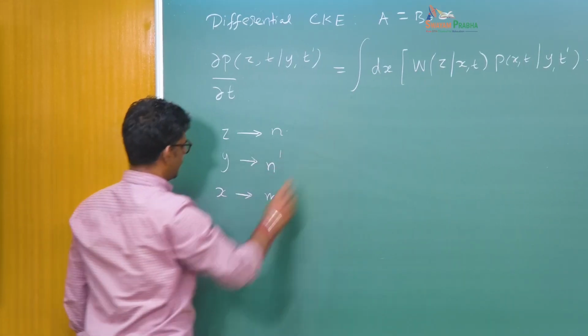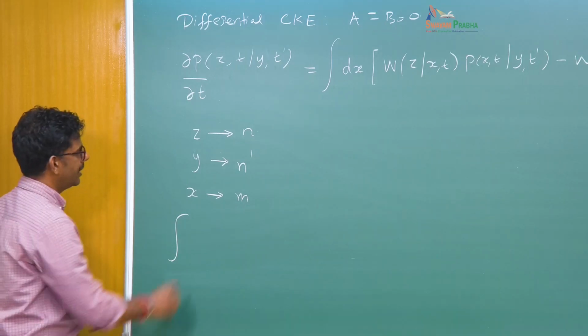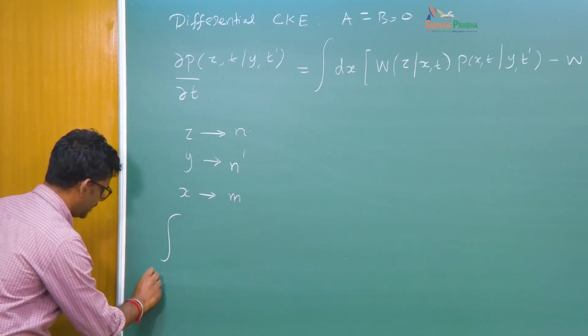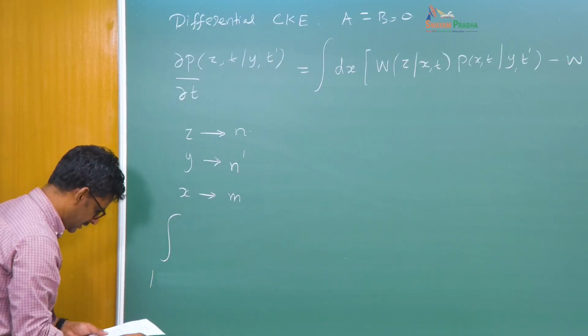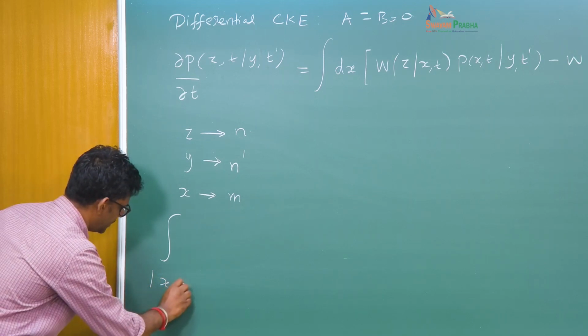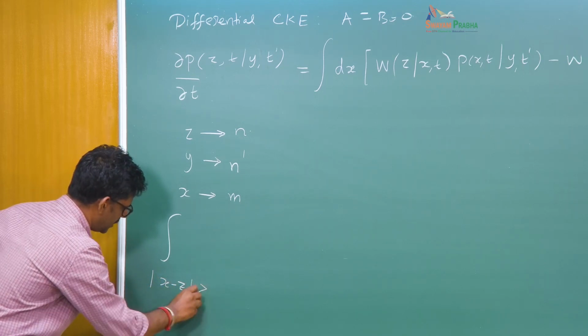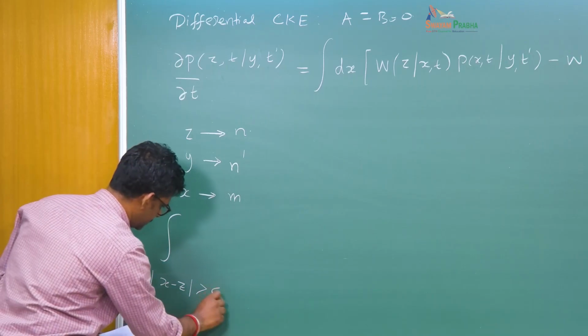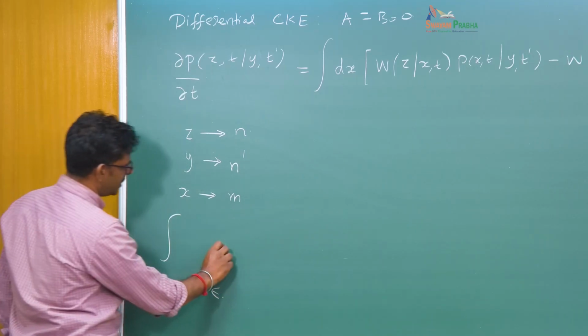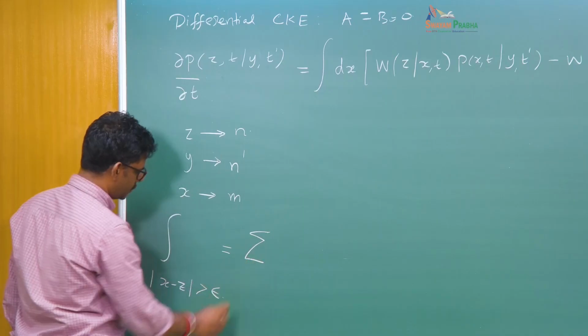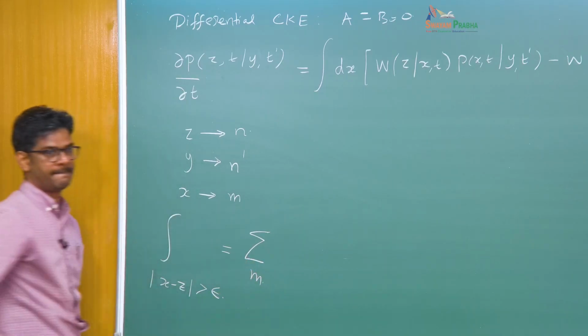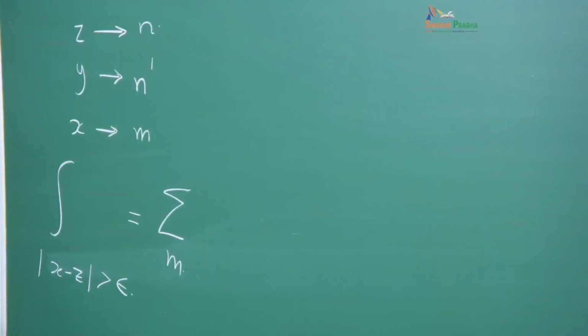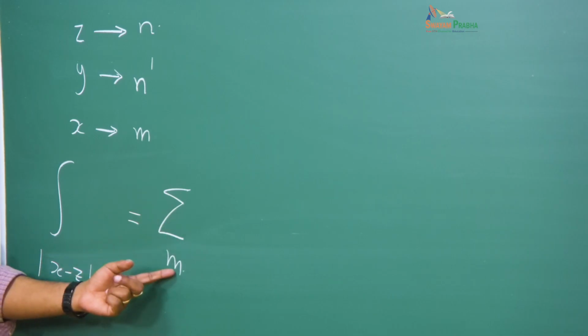This integral, if you recollect, was defined in such a way that the modulus of x minus z is larger than some sigma. This can now be replaced with a summation over m. So this integral in dx over many jump events can be written in terms of a sum over several m values.